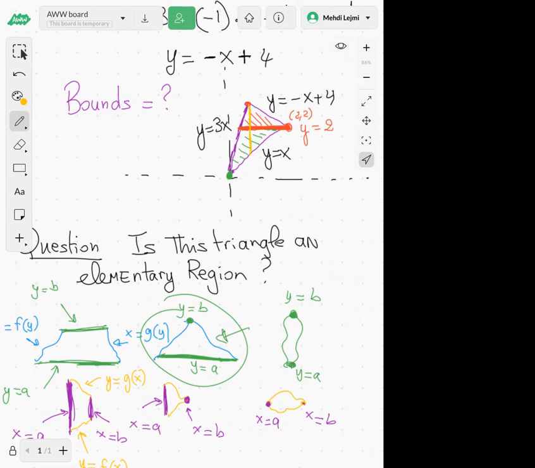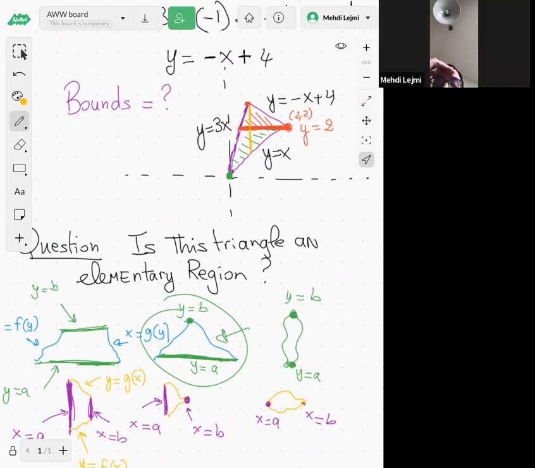Yes, that's another way to divide this region into elementary regions. Because in that case, you're connecting this point to this vertical line, right? And in the second region, you're connecting again this vertical line to this point. So absolutely, that's another way to do it.